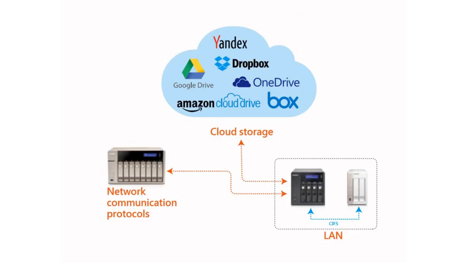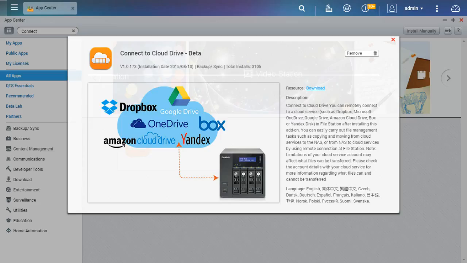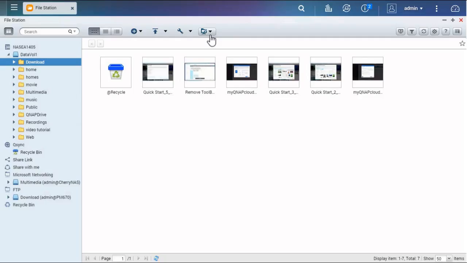Six cloud services are supported, including Google Drive, Dropbox, OneDrive, Amazon Cloud, Yandex Disk, and Box. You can connect to remote devices using CIFS, SMB, FTP, and WebDAV. Please note you must download Connect to Cloud Drive from the App Center before using this function.